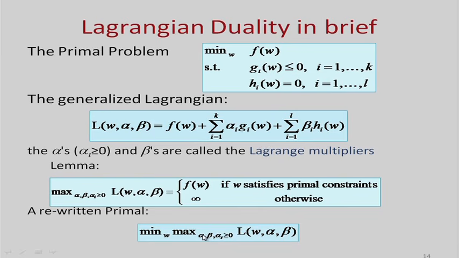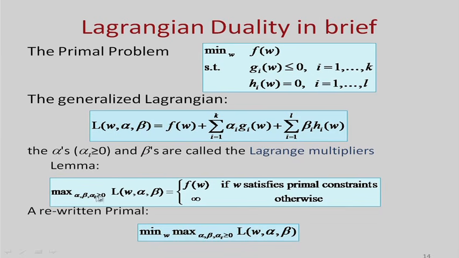So, keeping w fixed for a particular w, we can maximize over alpha beta and find the expression max L(w, alpha, beta), which is either f(w) or infinity. And if we find the minimum of this, it will give us the solution, because otherwise it has a value of infinity.